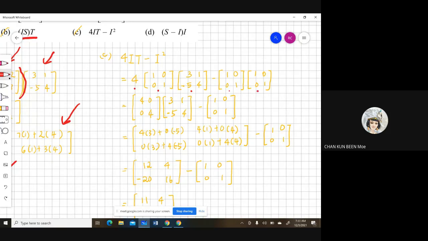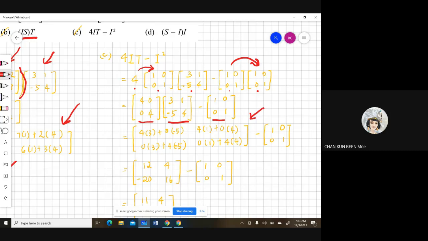Usually you know that anything multiplied by identity matrix is actually equal to that number or that matrix itself. But over here, I still show it to you. So 4 times identity matrix, you will get 4004 like this. Copy down this one, and then this one multiplied by identity, you still get an identity matrix. There's no changes at all.